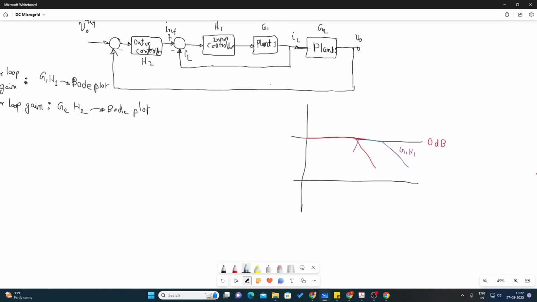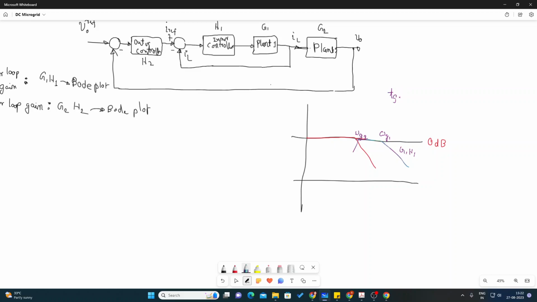Now, whenever you are considering this, the outer loop is the slower loop, so its crossover will be at least one decade earlier. This is omega_g2 and this is omega_g1, let's say.